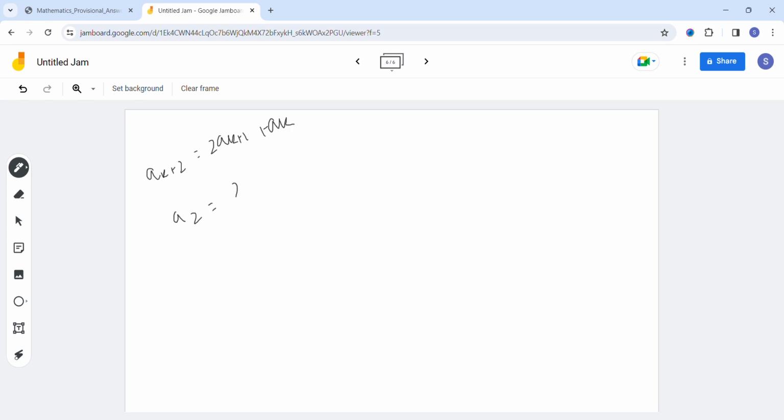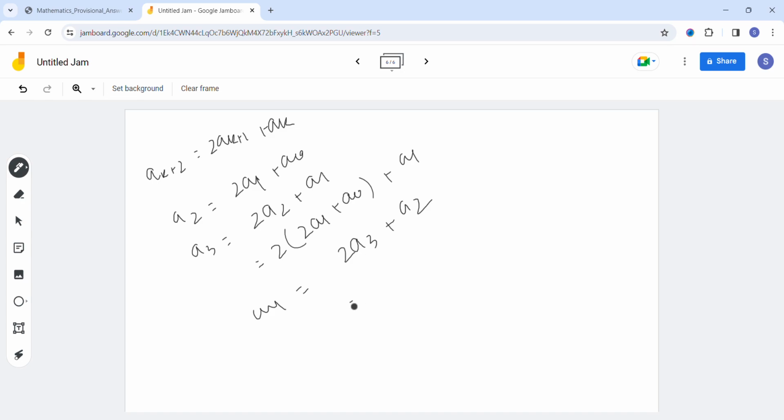That means a2 is 2a1 plus a0, a3 is 2a2 plus a1, that is the same as 2 into (2a1 plus a0) plus a1. So a4 is basically 2a3 plus a2, that is the same as 2 into 2 into (2a1 plus a0) plus a1, plus 2a1 plus a0.